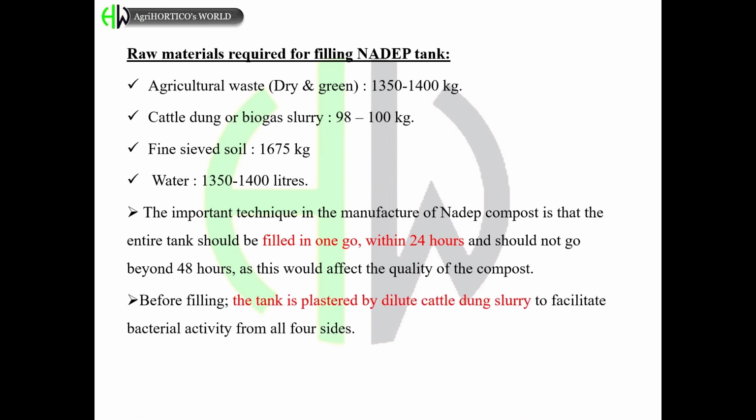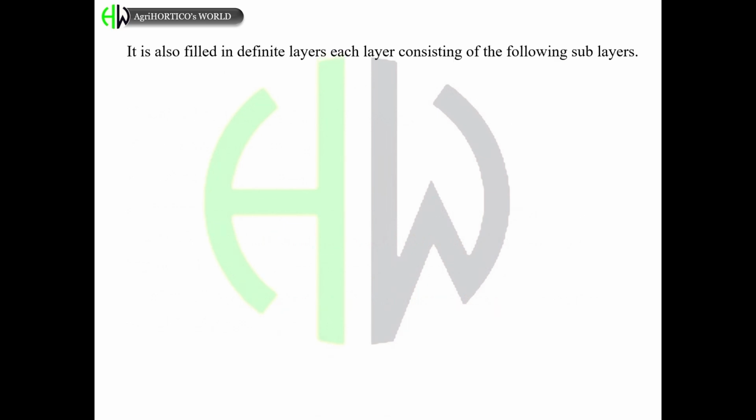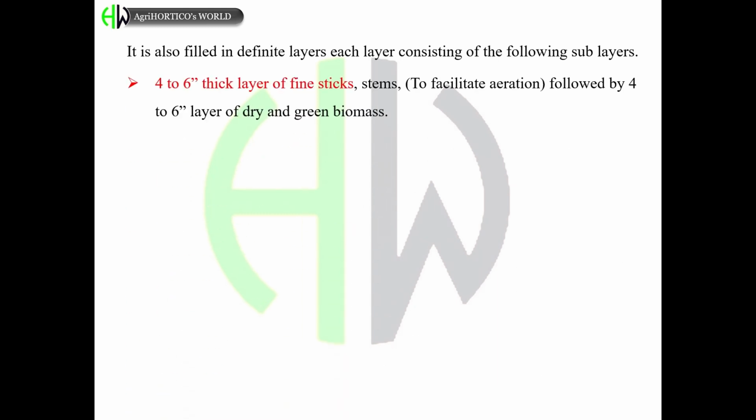Before filling, the tank is plastered with dilute cattle dung slurry to facilitate bacterial activity from all 4 sides. It is also filled in definite layers, each layer consisting of the following sub-layers. A 4 to 6 inch thick layer of fine sticks and stems, to facilitate aeration.